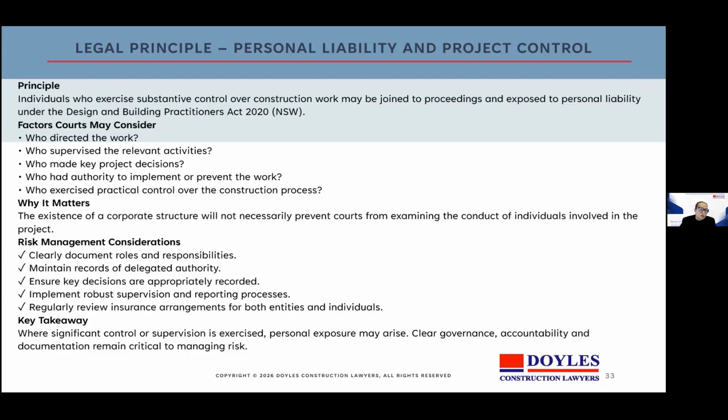The existence of a corporate structure will not necessarily prevent the courts from examining the conduct of individuals. And where significant control or supervision is exercised, clear governance and accountability documentation remain critical in managing risk. And the practical response is not to avoid responsibility, but to ensure responsibilities are clearly defined, decisions are documented, and appropriate systems of oversight are maintained.